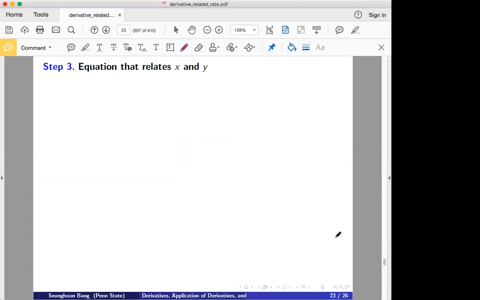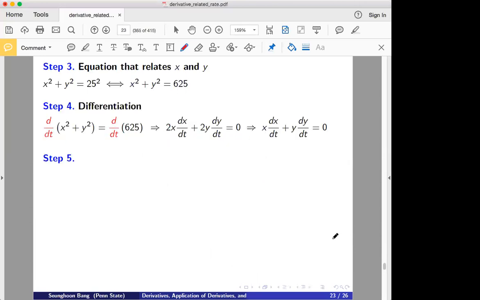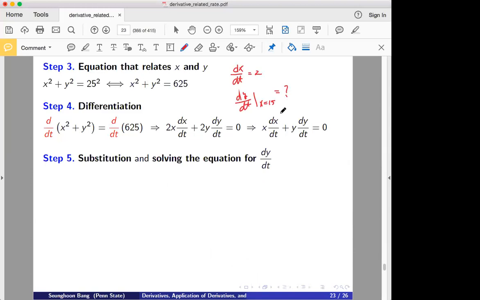This is all the given information. dx/dt equals 2, dy/dt is unknown, and x equals 15. So you plug x equals 15 and dx/dt into here. How can you find y?